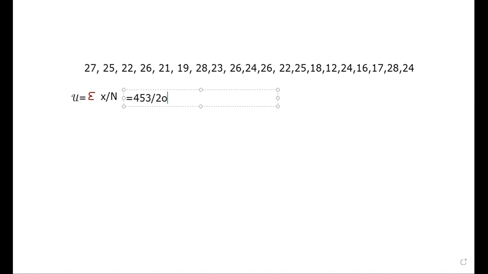So the value will be 22.65, which is our population mean.